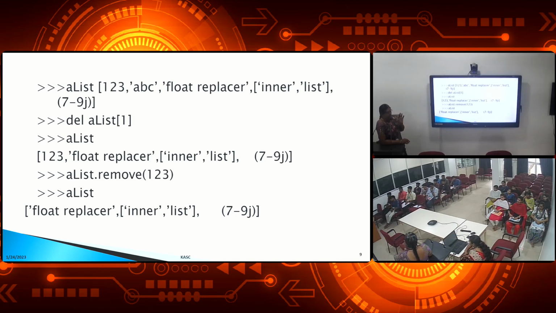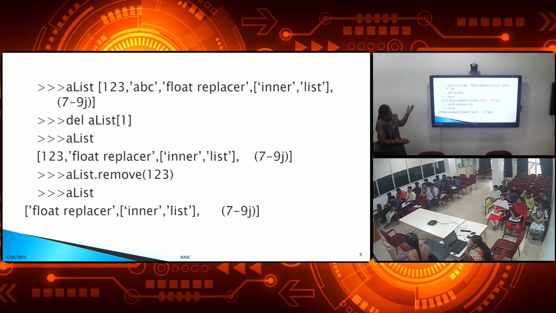Before that you must use del as your keyword, then the variable name, followed by square brackets with the index value. With the help of the index value and the del keyword, that particular element will be deleted from our list.